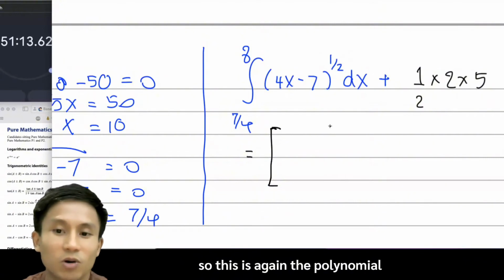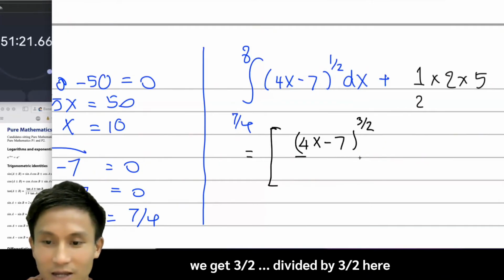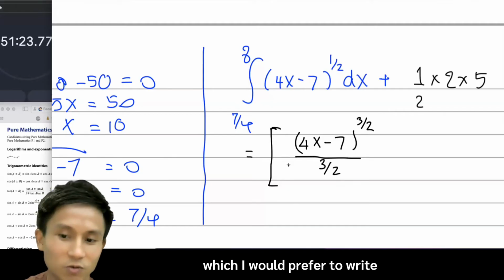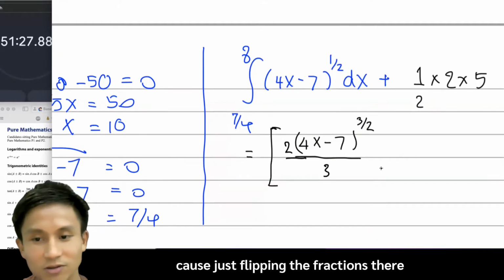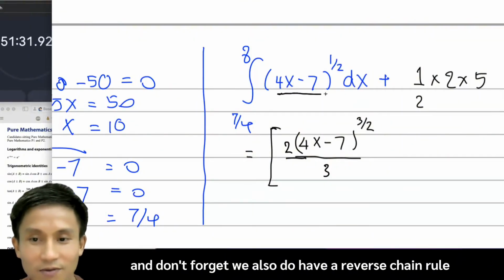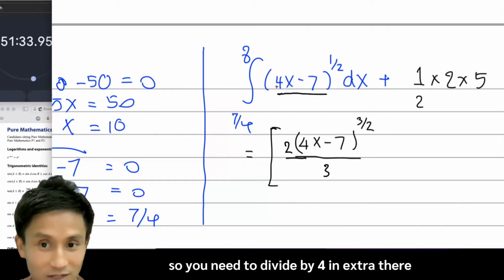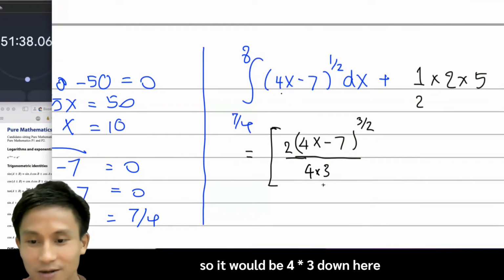So this is, again, the polynomial. So we just do that to the power of that, adds 1. We get 3 over 2. Divided by 3 over 2 here, which I would prefer to write as 2 over 3 down here, because of flipping the fractions there. And don't forget, we also do have a reverse chain rule. So you need to divide by 4 in extra there. So it would be 4 times 3 down here.